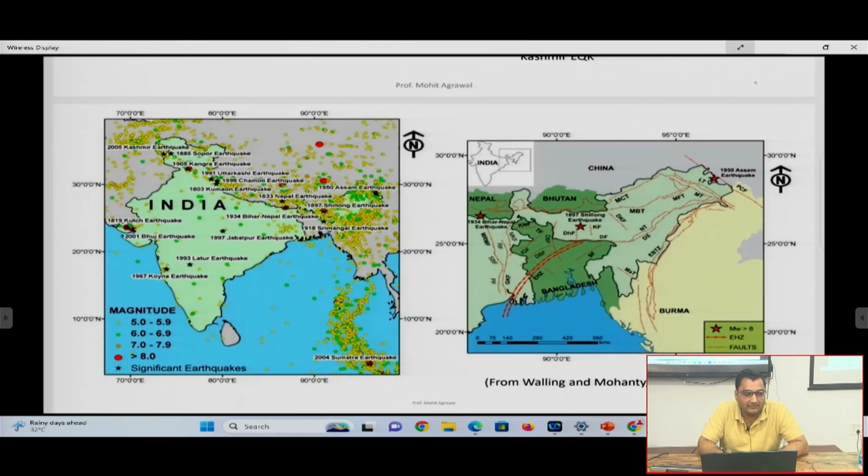So in peninsular India, earthquakes are happening, but not as much as at the boundary location. Even if you look at northeastern India, there is a very high frequency of earthquakes. You also see a clustering of earthquakes in the Bihar Nepal border, in the northwestern Himalaya, and in the northern Himalaya, along the Hindu Kush region, along the Kirthar Suleiman ranges, and in the Indo-Burma ranges.